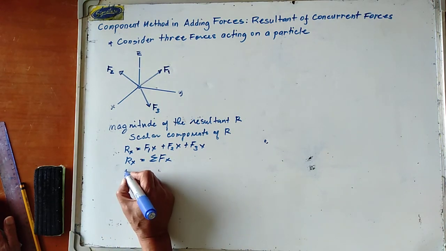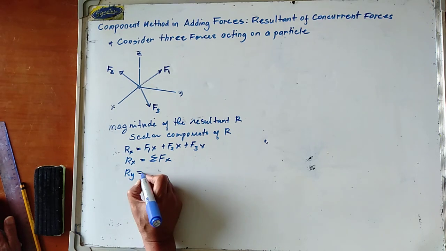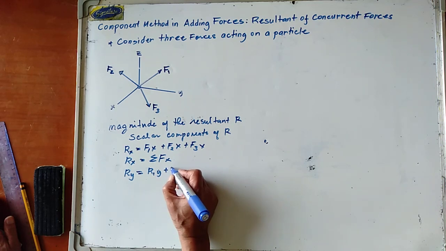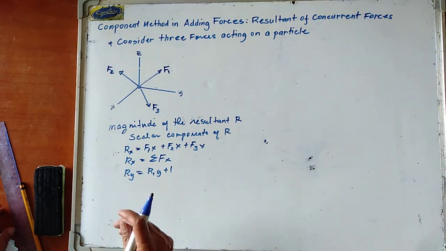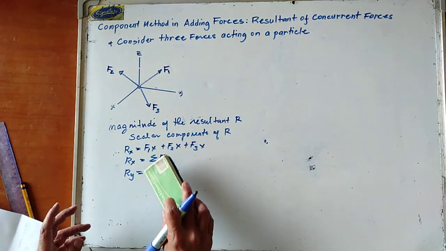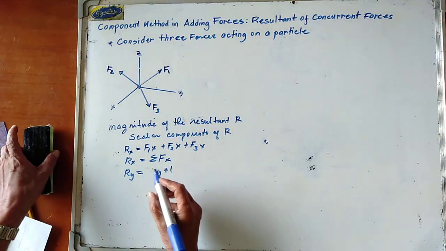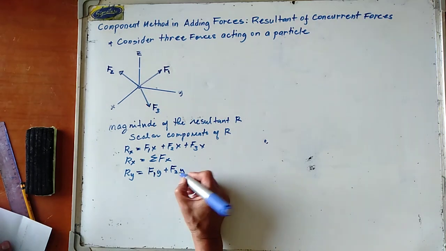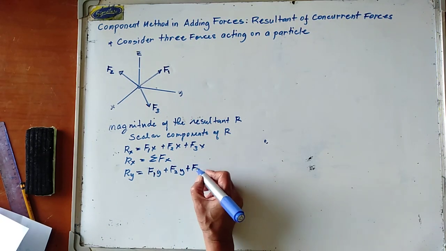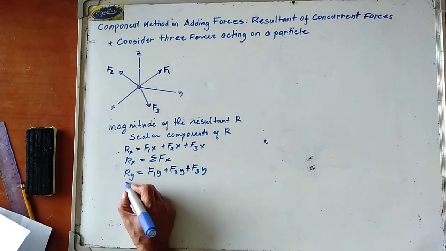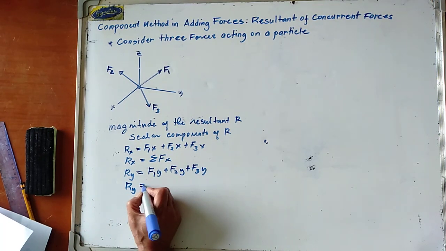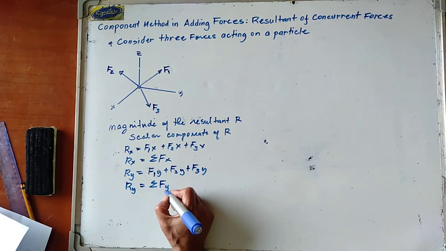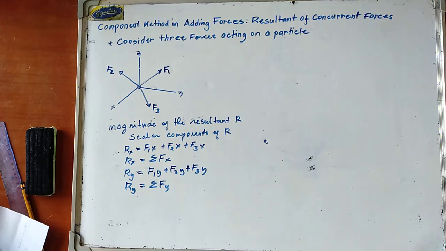Then Ry is equal to F1y plus F2y plus F3y, so Ry is equal to the summation of forces in the y direction.